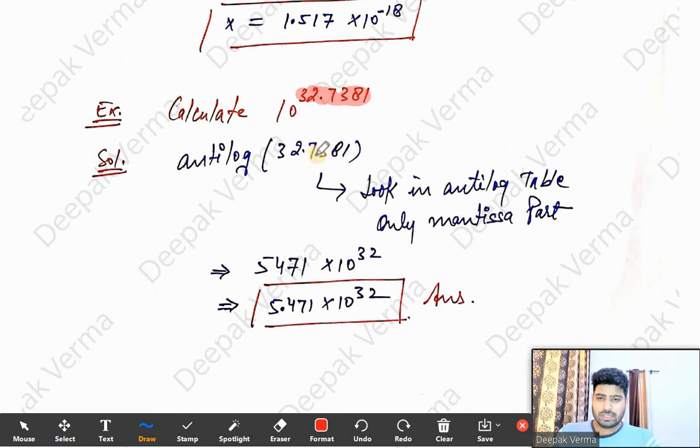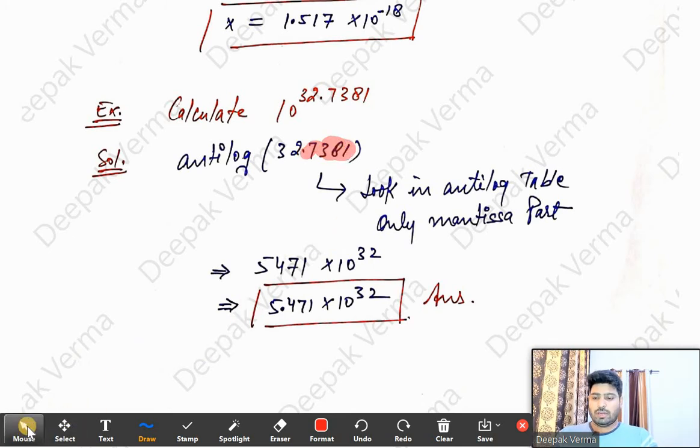So we just need to look into the antilog table for the mantissa part only, that is 0.7381, and this 32 is the characteristic, which will go into 10 to the power 32, and the mantissa will be the antilog of 0.7381.